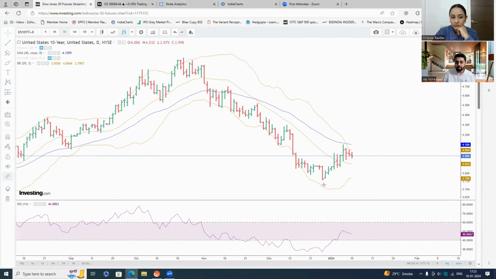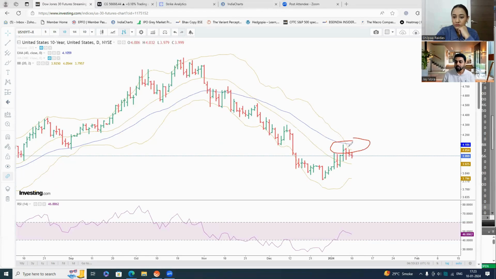From there, we have now seen a little bit of a spike, but both the dollar index and the US 10-year seem to be resisting at the 40-day average. It's only when the 40-day average gets broken on the upside that a further up move can be possible. Looking at the current structure, that cannot be ruled out.